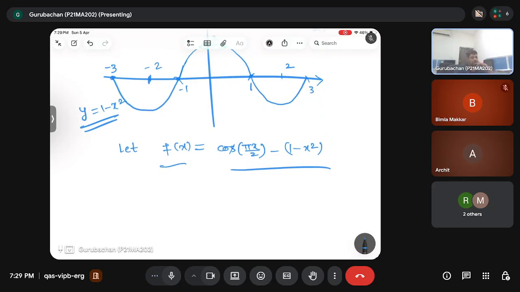Which one is lying above or below? Sir, the rate of decrease of 1 minus x square is more. Okay, so it will lie below, you mean?